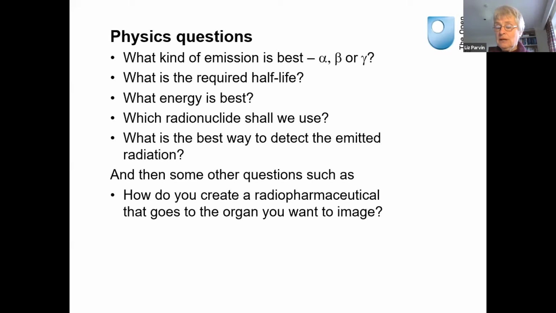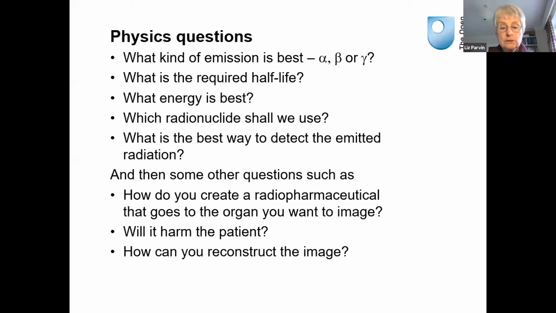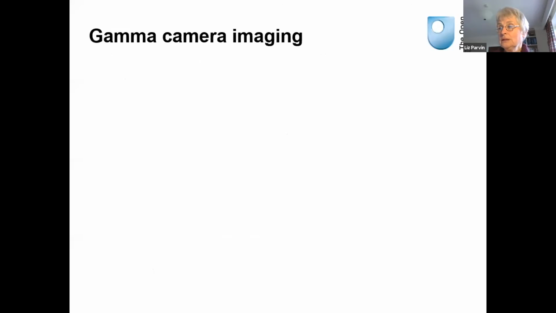How do you create a radiopharmaceutical that takes the radioactive isotope to the organ you want to image? Will it harm the patient? How can you reconstruct the image? And can you do 3D imaging? So all of these questions are here for physicists to deal with and to work out the answers.